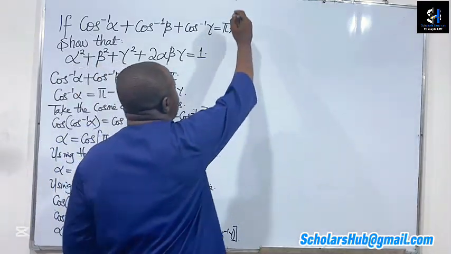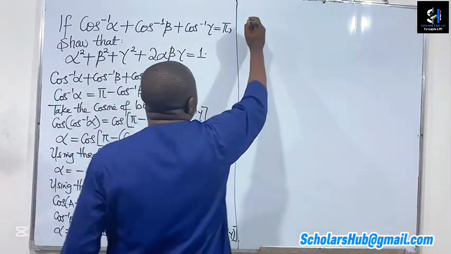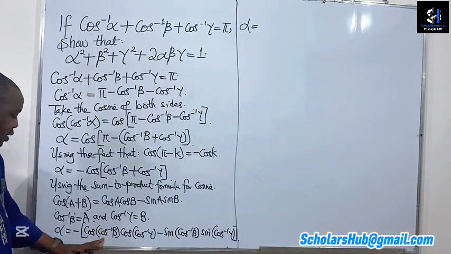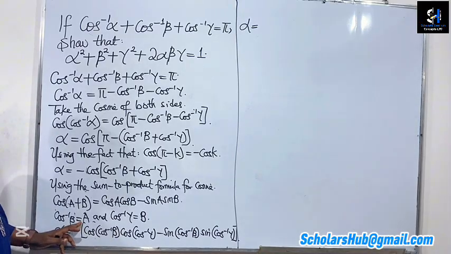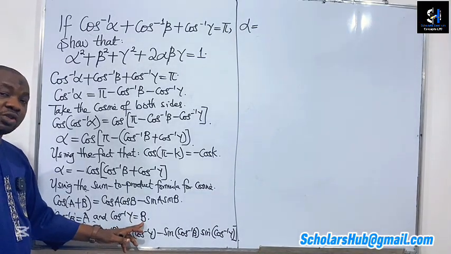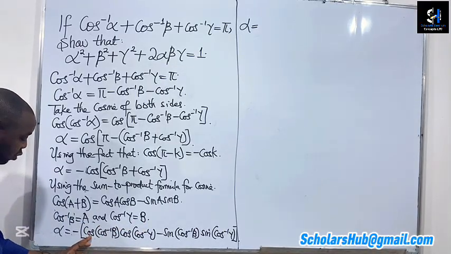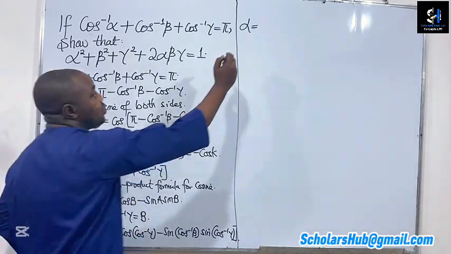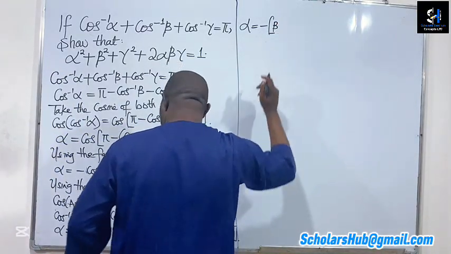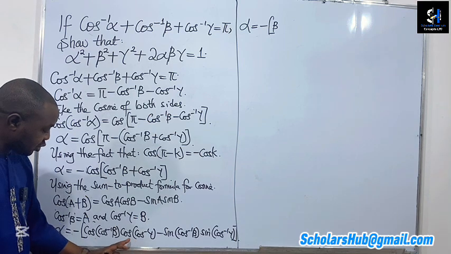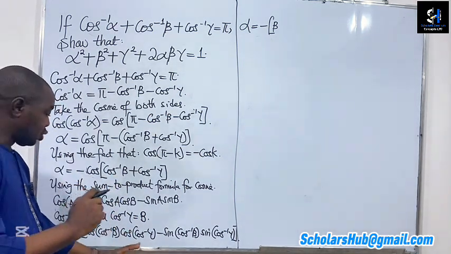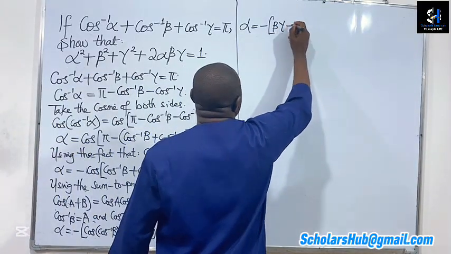Now, let's not forget that inverse cos of beta is A and inverse cos of gamma is B. So the cos cancels the inverse cos, and we are going to have beta. Also this cancels this, that is when we take cos of inverse cos, that will be 1. So this will be gamma. Then minus.